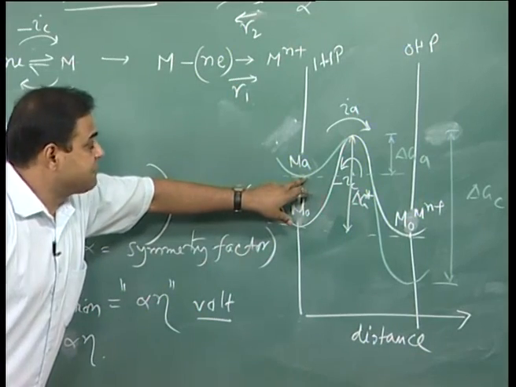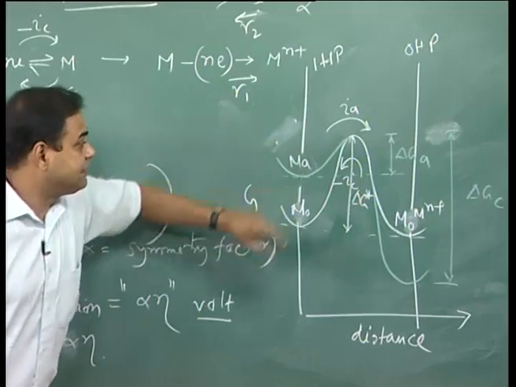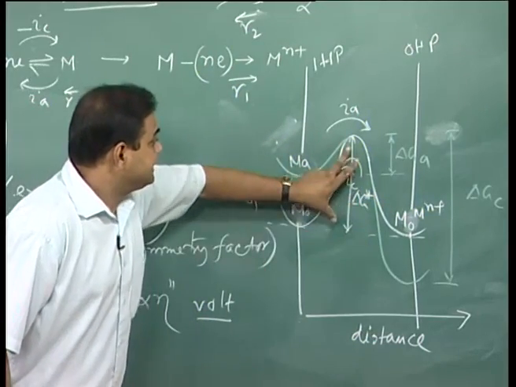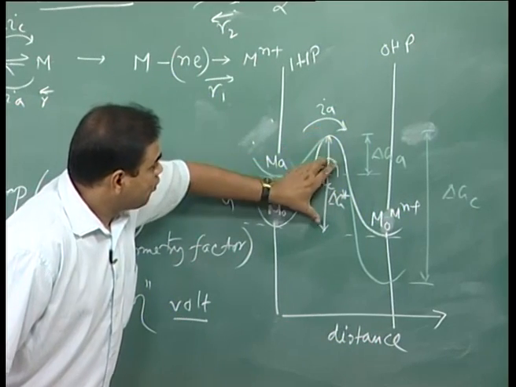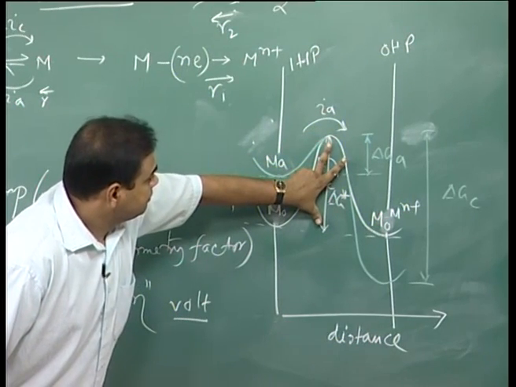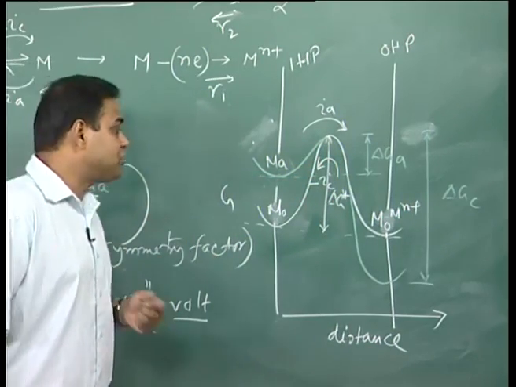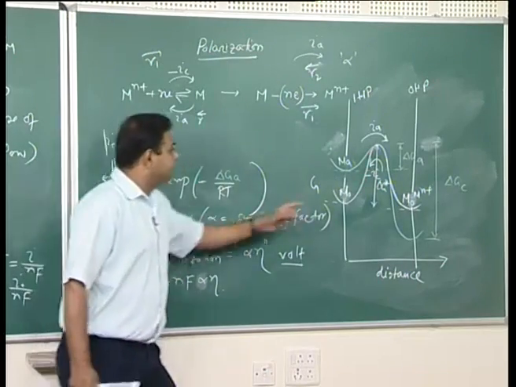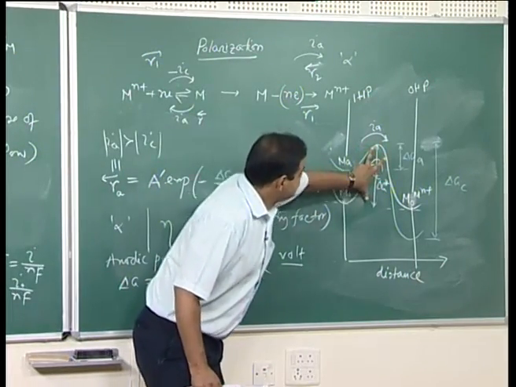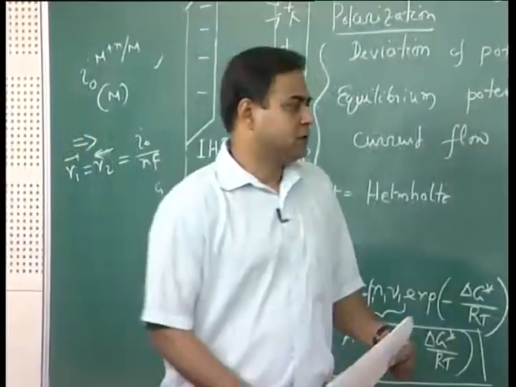So, this is my level. I have reduced the barrier. So, the overall activation barrier is decreasing by this much amount. The value of this would be this minus this, so there would be a negative sign associated with it.